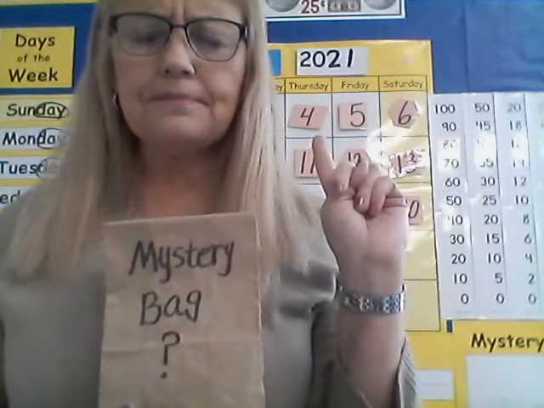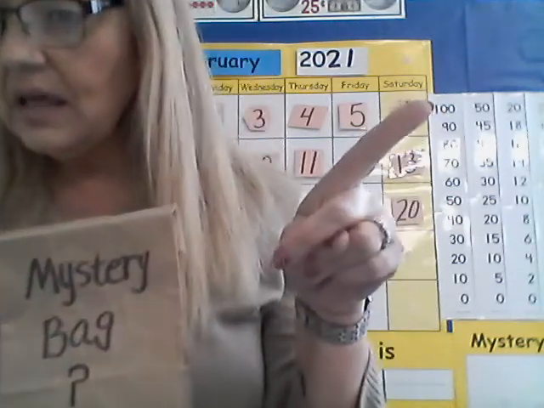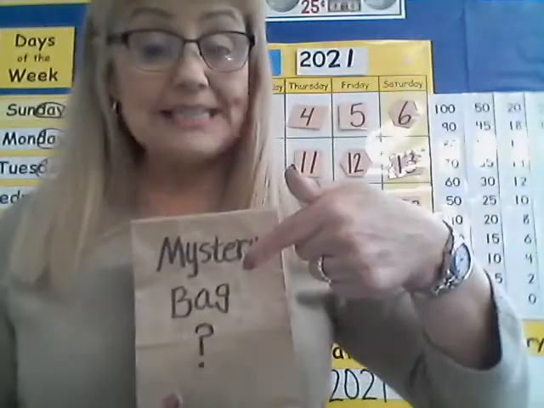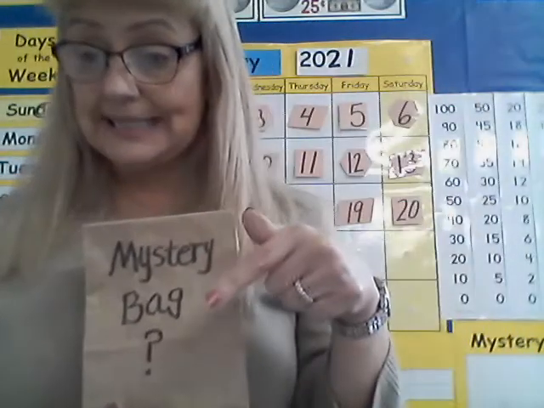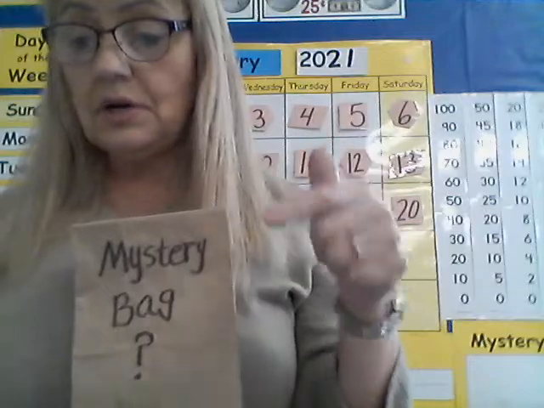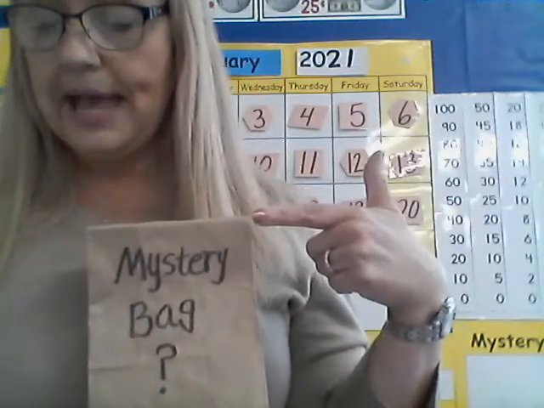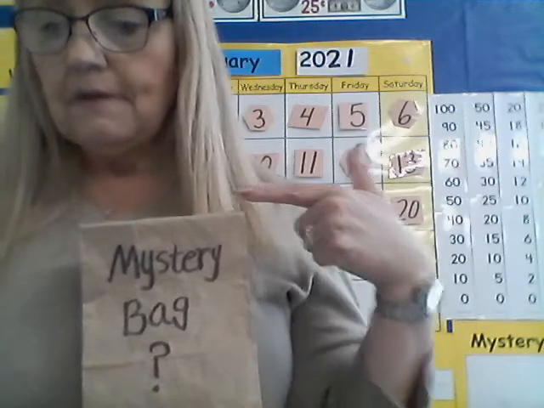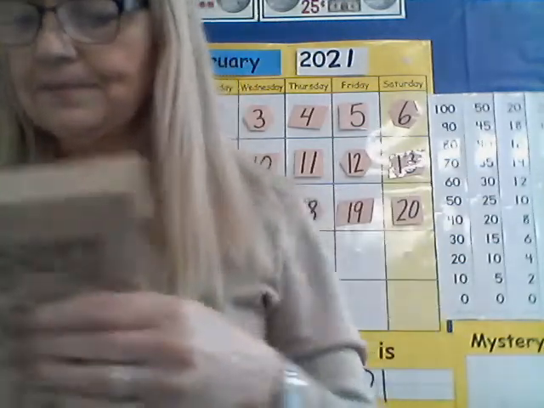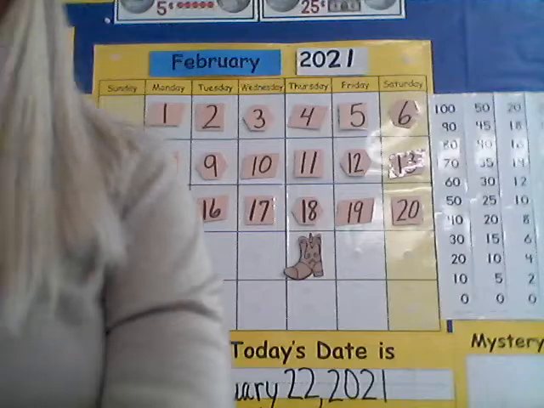Picture that in your brain. I then put 1 dime and 6 pennies. I want to know how many dimes and how many pennies are in my bag. So, first things first, I have to write down.